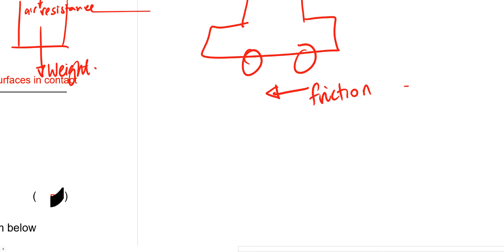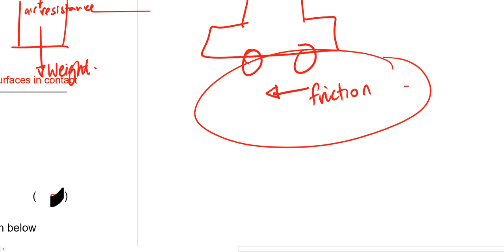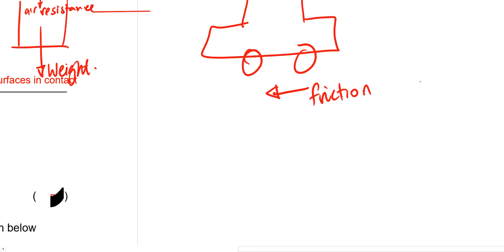Okay, so horizontally, how many forces are there acting on it? Horizontally, what are the two? We see friction acting to the left. Some of you are saying, yes, there's air resistance. Since it is still moving to the right, there is a bit of air resistance over here.